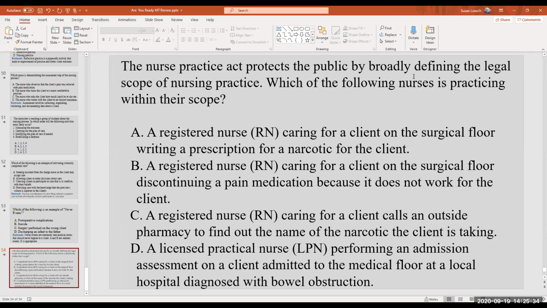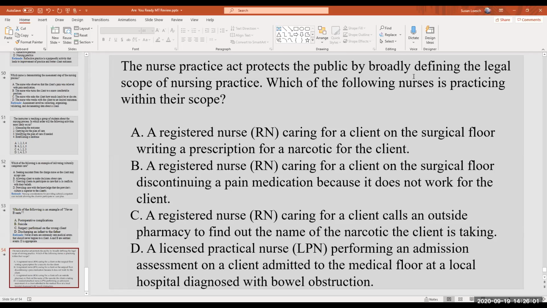C, a registered nurse caring for a client on the surgical floor discontinuing a pain medication because it doesn't work for the client. A registered nurse caring for a client calls an outside pharmacy to find out the name of a narcotic a client is taking. Or D, an LPN performing an admission assessment on a client admitted to the medical floor at the local hospital diagnosed with bowel obstruction.